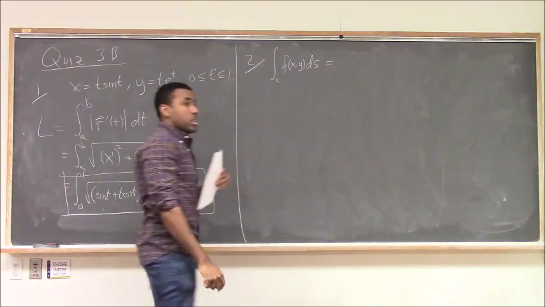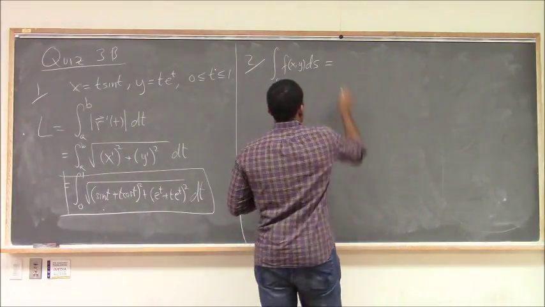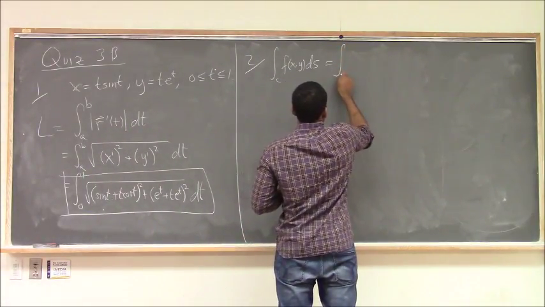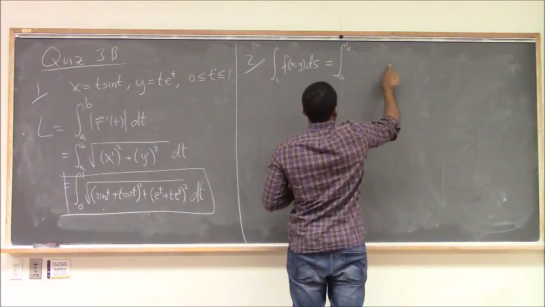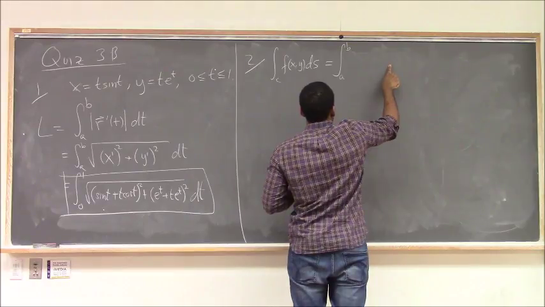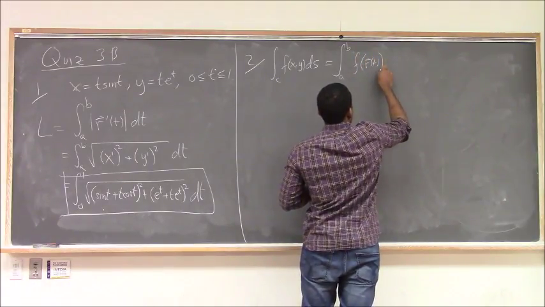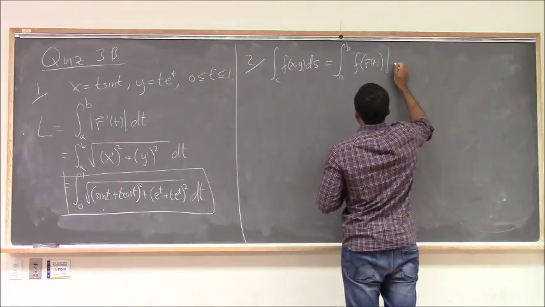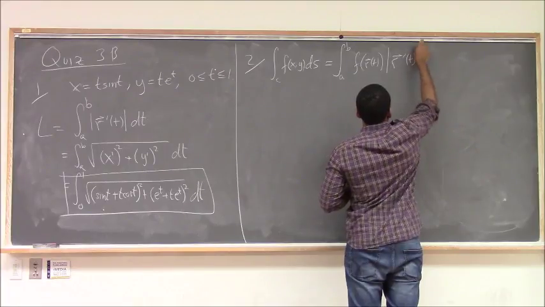How was the general formula defined? It would be the integral from a to b of f of r of t times the magnitude of r prime of t dt.